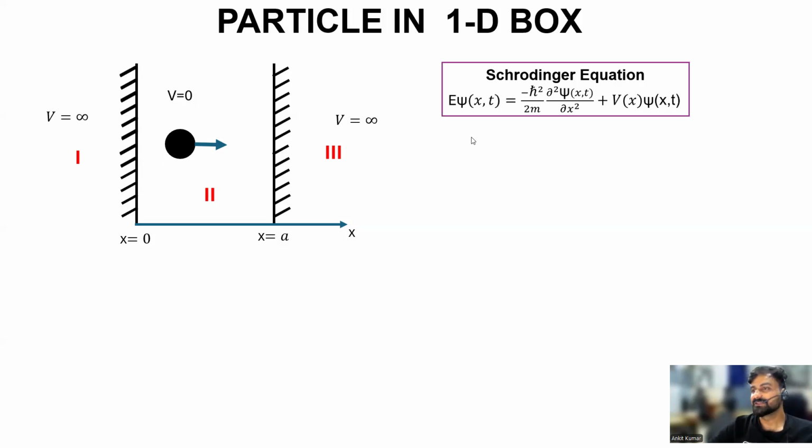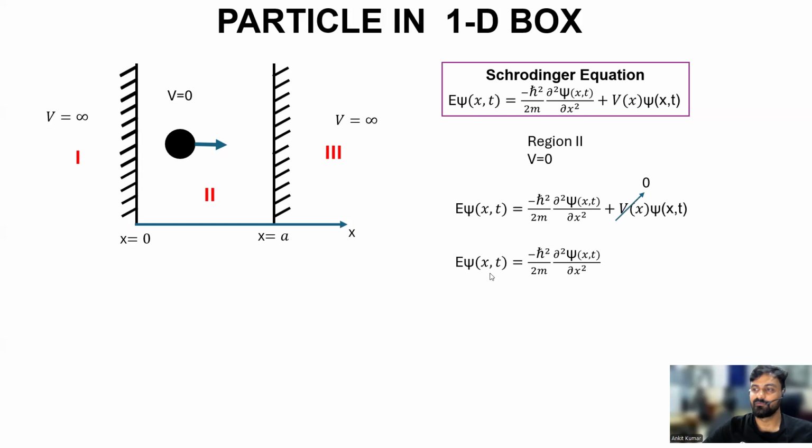And if we see the Schrodinger equation, iħ ∂ψ(x,t)/∂t equals minus ħ² by 2m ∂²ψ/∂x² plus V(x)ψ(x,t). We are interested in solving this problem in region 2 where the potential is 0. In the Schrodinger equation, you substitute the value V equals 0, and you will see the Schrodinger equation gets converted into this form.